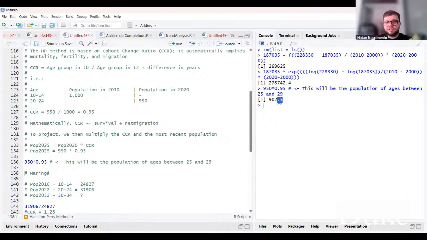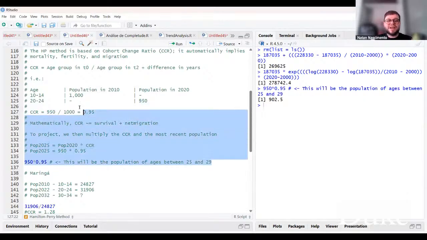Of course, we don't get half people. And this number will be the population of ages between 25 and 29. Why? Because I'm doing a 5-year projection for this population, so it has aged 5 years. So 20 to 24 will become 902.